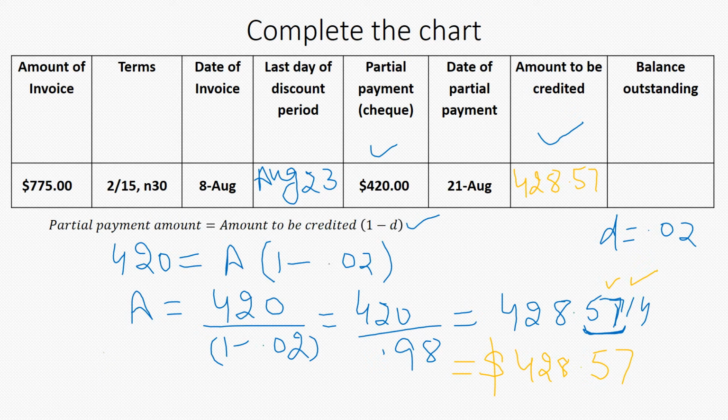Next, balance outstanding. To calculate balance, we subtract amount to be credited from amount of invoice, right? So 775 minus 428.57 is our balance amount. So this is 346.43, right? That completes our first row.